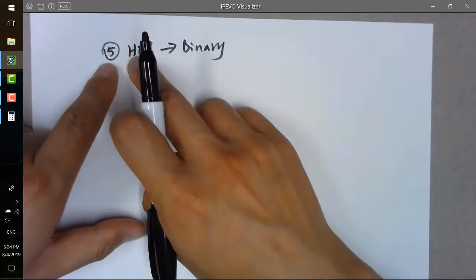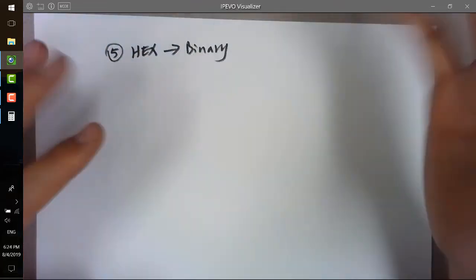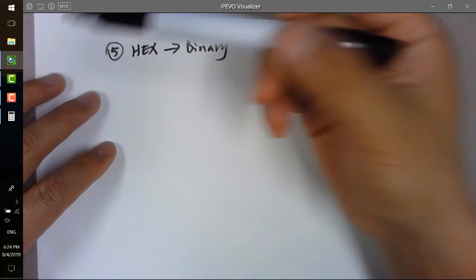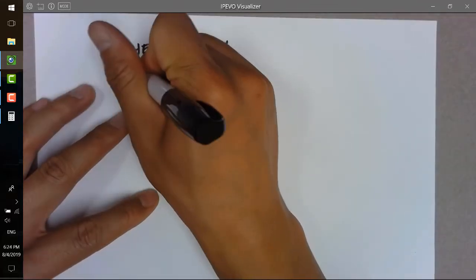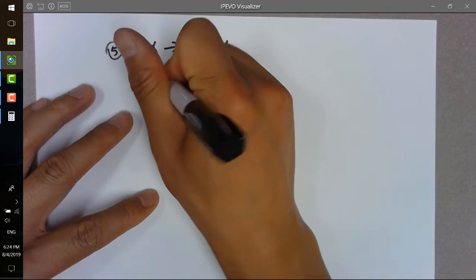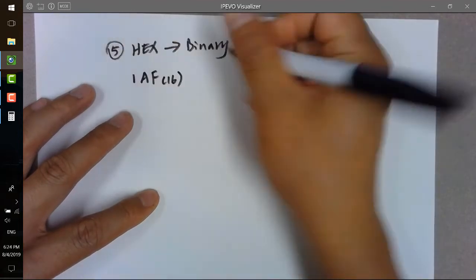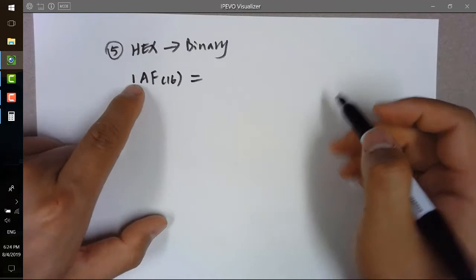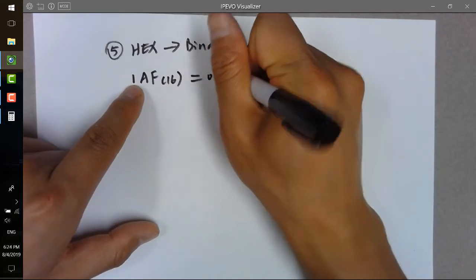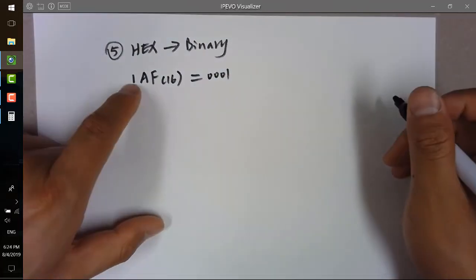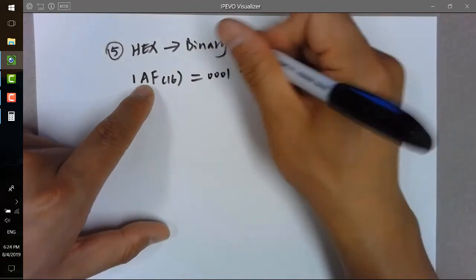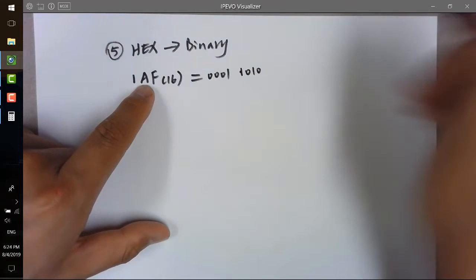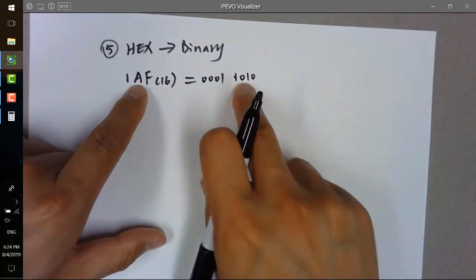If you want to convert hex to binary, you just do that in reverse. So for example, you have 1AF, that's a hex number. What's the binary version for that? So 1 is 0001. You just recover these 4 digits here. A is 10, right? So 10 is going to be 1010. Don't worry about how I get this number here.